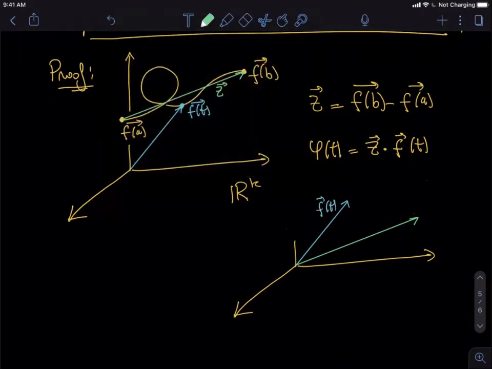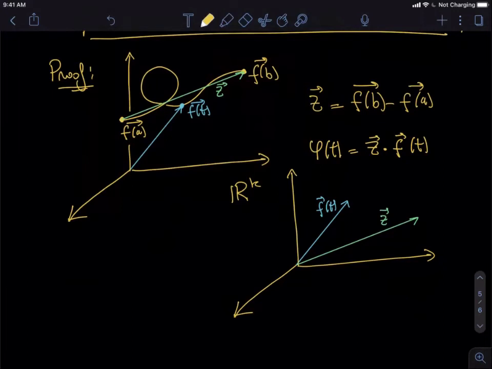And to do the scalar product, you need to think of the two vectors with the same origin, because that's how a vector space works. Then this is basically the projection of one onto the other.